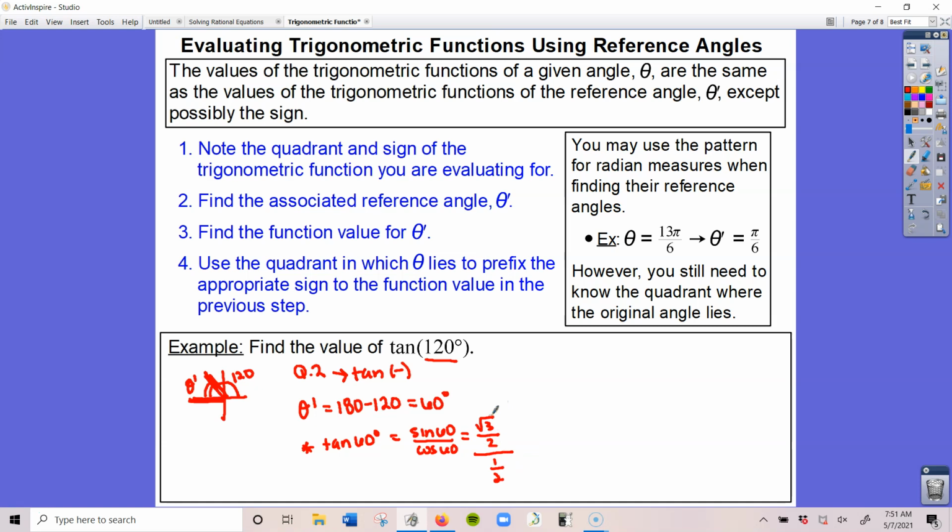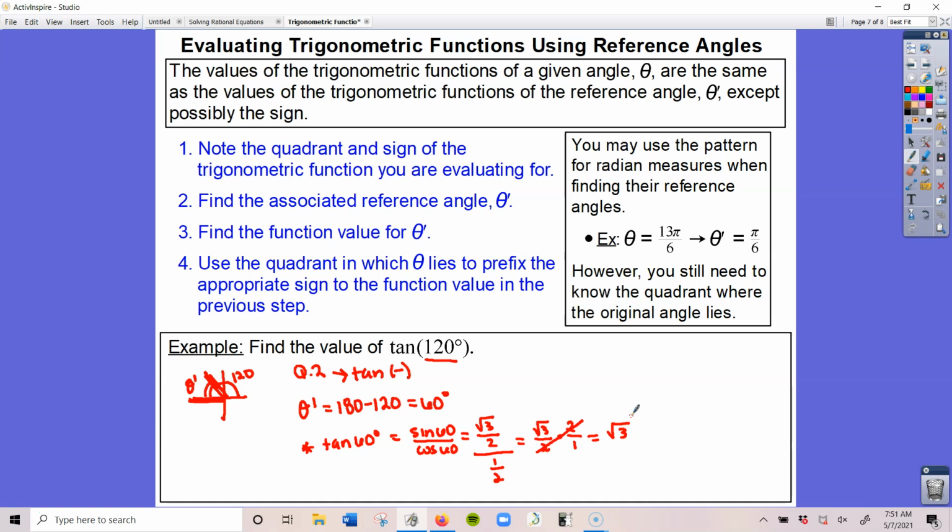So now we have to divide these fractions. Remember, when we divide fractions, we copy the first, change to multiplication, and flip the second, 2 over 1. The 2's cancel, and I'm left with the square root of 3 over 1, which can just be written as the square root of 3.